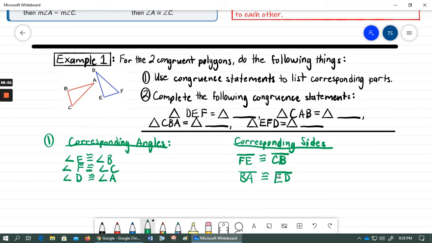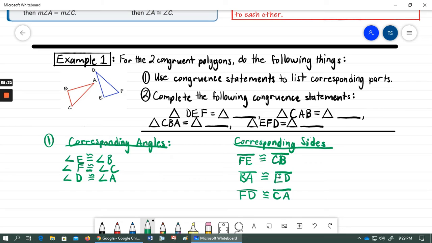Aha, there we go. Side FD. All right, so the one that would be going with that, completing this congruency statement, F corresponds with C, so C would have to come first, and D corresponds with A, so A would have to come first.